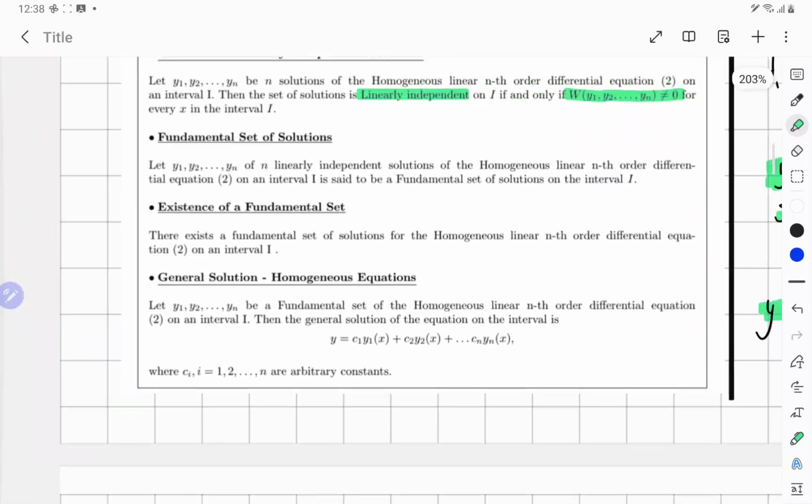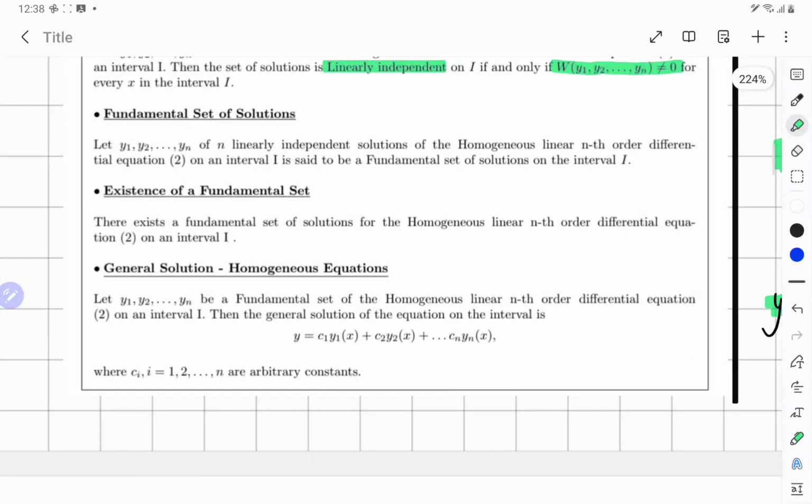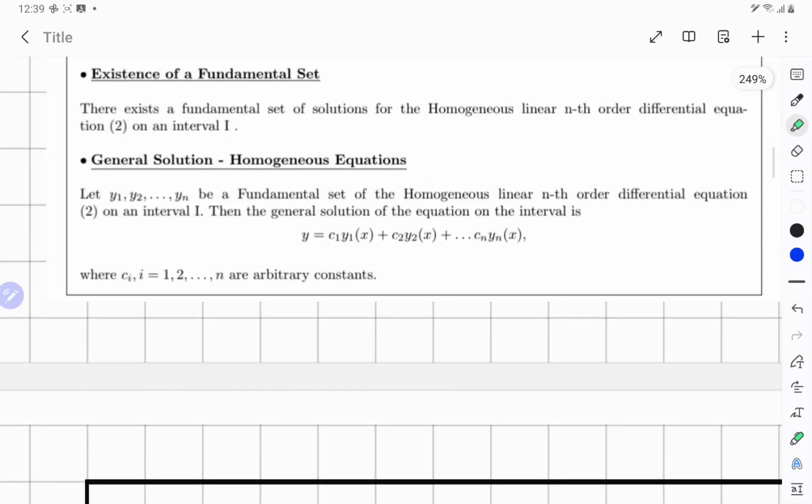The equivalent when we do nth order: if all of these functions are linearly independent, they will be a fundamental set of solutions on the interval. And for a homogeneous linear nth order differential equation on a specific interval, there will exist a fundamental set of solutions.